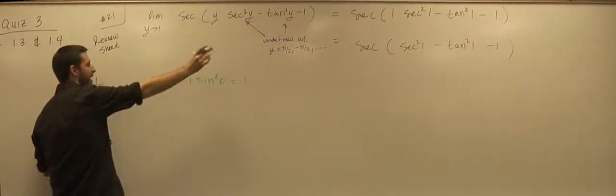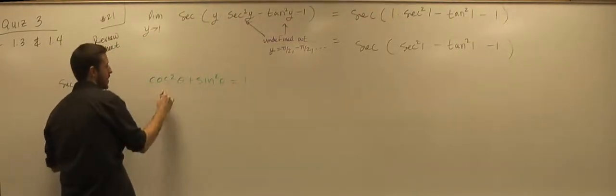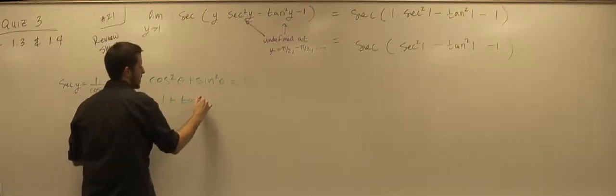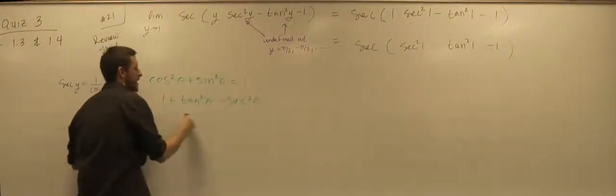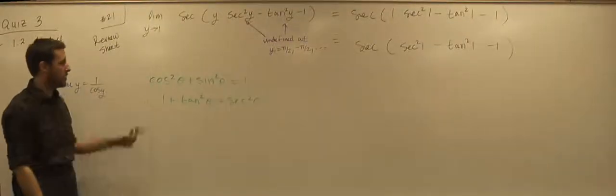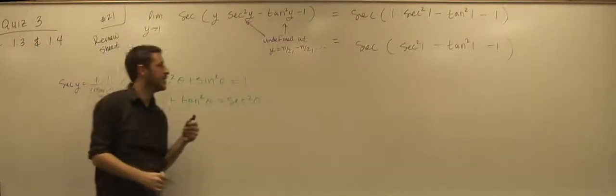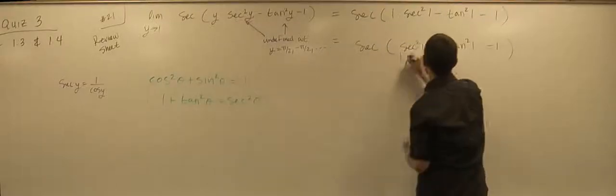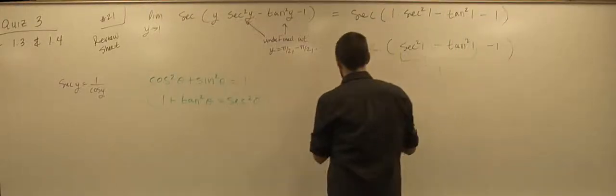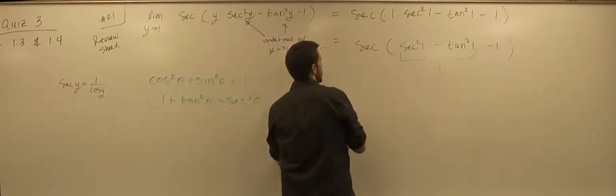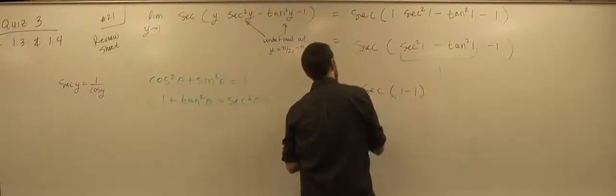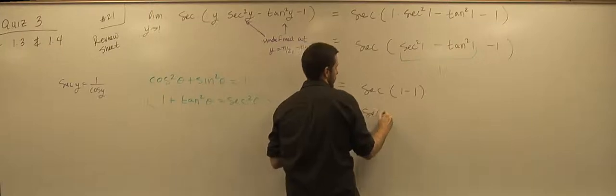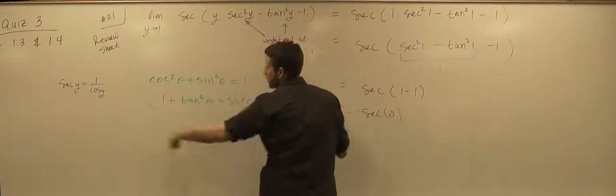And if you divide everything by cosine squared, for example, you get 1 plus tan squared theta equals secant squared theta. So this identity, if you move the tangent over to the other side, tells you that this simplifies to 1. So then you have secant of 1 minus 1. 1 minus 1 is 0. Secant of 0, you plug 0 in the cosine.